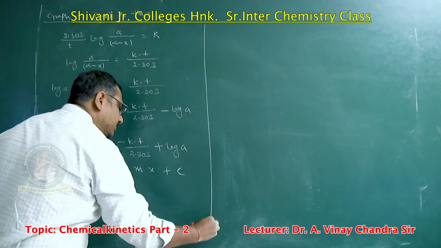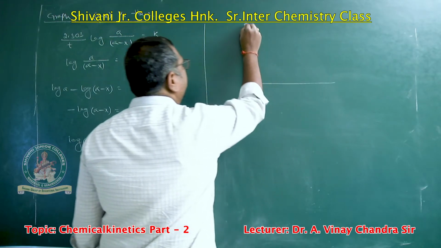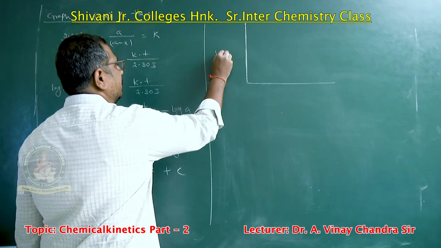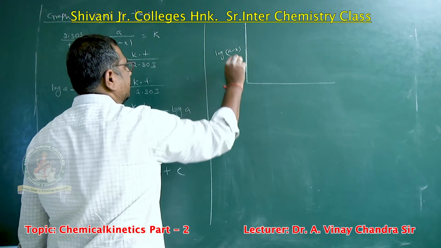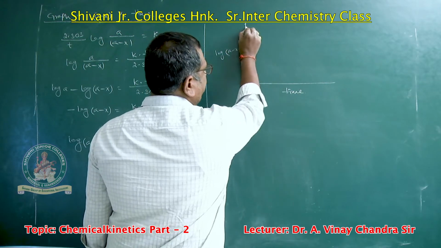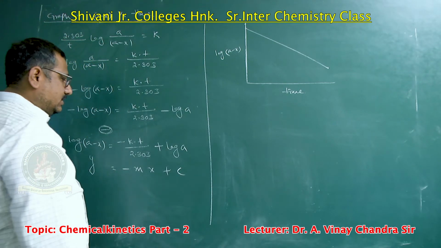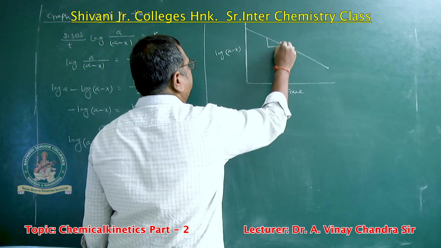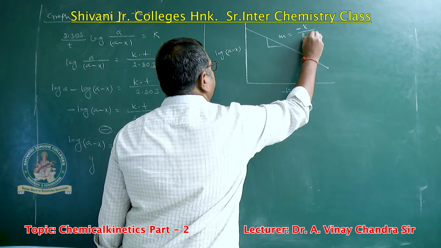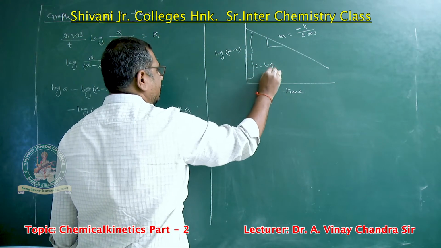So for the graphical representation, on the y-axis we take the concentration, log (a minus x), and on the x-axis we take time. The slope is negative, m is equal to minus k by 2.303, and the intercept c is equal to log a.